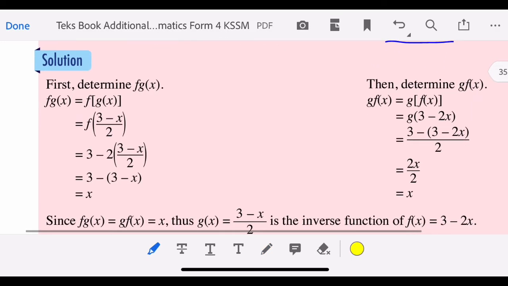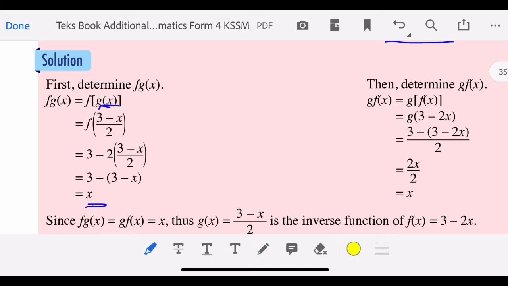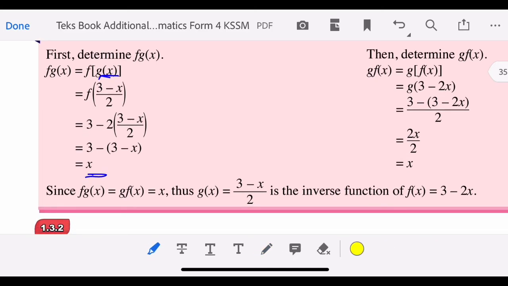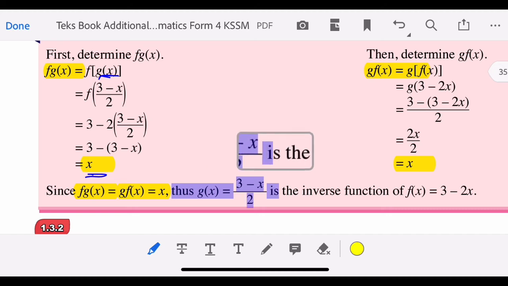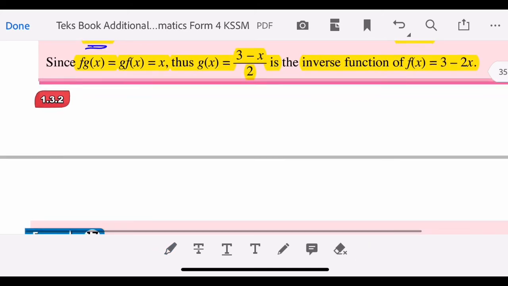So we substitute g into f, and we will get x. Since f(g(x)) has to equal g(f(x)), if we do g(f(x)), we also get x. If we do f(g(x)), we get x. So that means f(x) and g(x) are inverse functions of each other, because we are getting x.